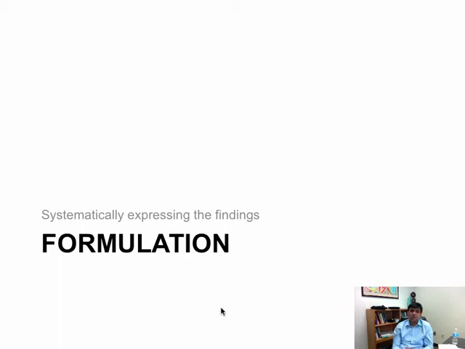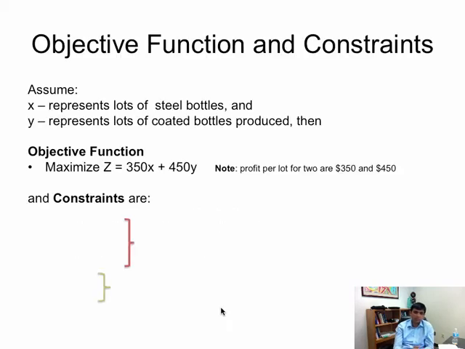Now we will formulate this problem so that we can apply the modeling technique, the LP technique. We are asked to increase the profit, and the profit depends on the number of steel bottles and the number of coated bottles. We will pick 2 decision variables, X and Y, where X represents the lots of steel bottles and Y represents the lots of coated bottles.